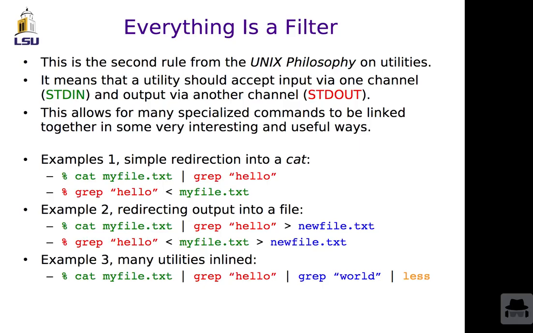So you're getting all lines that say hello, and then from that set of lines, you're going to get all lines that say world, and then you're piping it into this pager, so that rather than redirecting it to a file, you have a way to manage looking at it on the screen instead of seeing it all skewed forward.